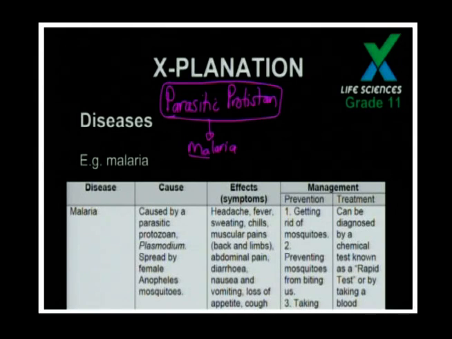Malaria is not the name of the actual organism, it's the name of the disease, and it comes from old African words meaning sick air, because originally it was thought that malaria was caused by incredibly humid, almost poisoned air. However, this has since been proven not to be the case, as it's a microscopic little parasite that we're going to look at now.